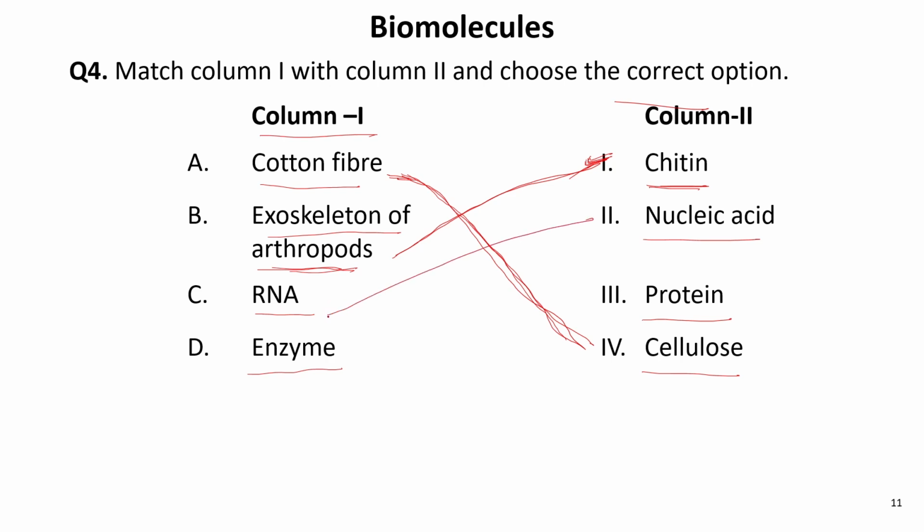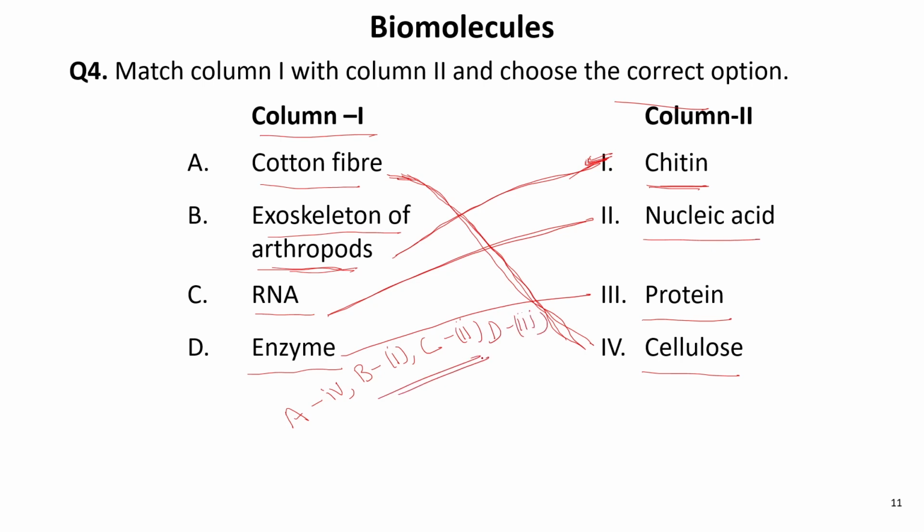Very simple. The other nucleic acid is DNA. Enzyme: the chemical nature of the enzyme is protein. So if we match, A will be matched with 4, B will be matched with 1, C will be matched with 2, and D will match with 3.